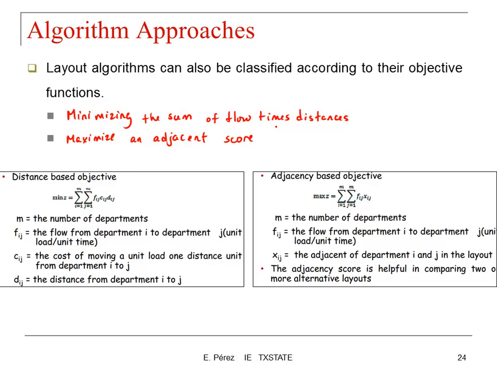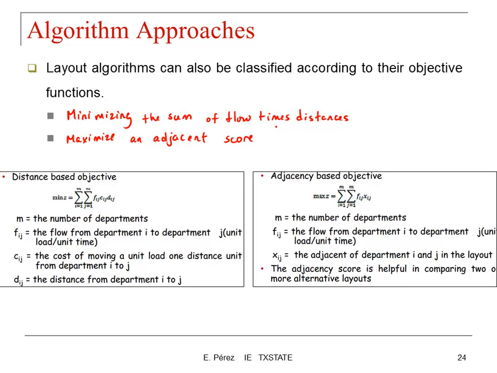So essentially, what we're trying to illustrate here is mathematically how to represent minimizing the sum of the flow time distances. So we're going to have the information about the number of departments. We're going to look at each department.